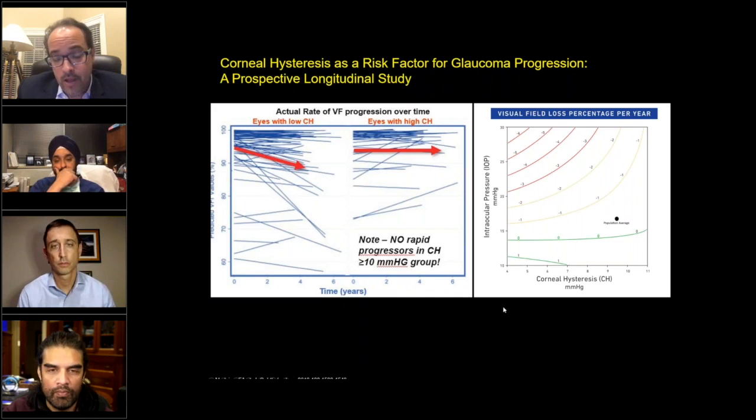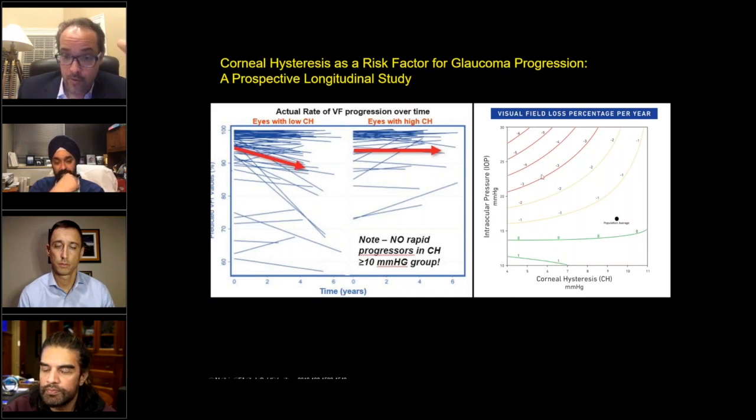The plot on your right illustrates how a combination of corneal hysteresis and intraocular pressure helped explain the rates of change in visual field over time. In particular, the interesting thing to look at is that a combination of low corneal hysteresis with high intraocular pressure was particularly harmful.